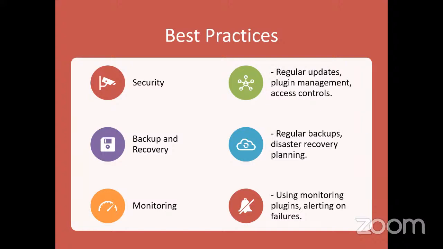Business continuity should be maintained. Security is there to secure their environments, with regular updates, plugin management, and access controls required for Jenkins, because Jenkins handles the process where you get the code. If someone who is not authorized gets access to Jenkins, that will create an issue, because they can see the whole process, from development to deployment.